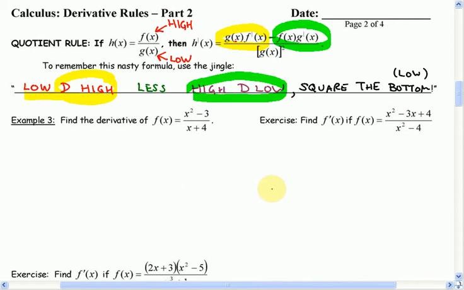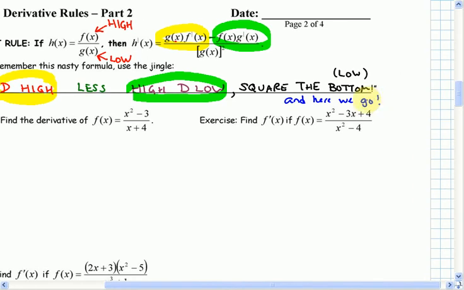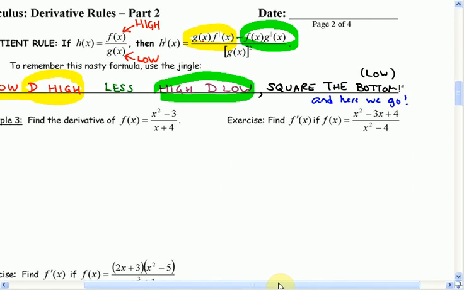And to make it sound good, we'll say, and here we go. Or, a few years ago, some of my students said that sounds so dumb. So he said, low D high, less high D low, square the bottom, and then this is what that person suggested.